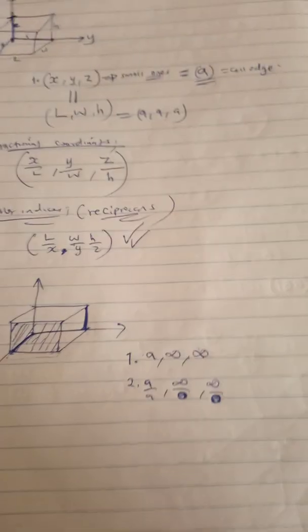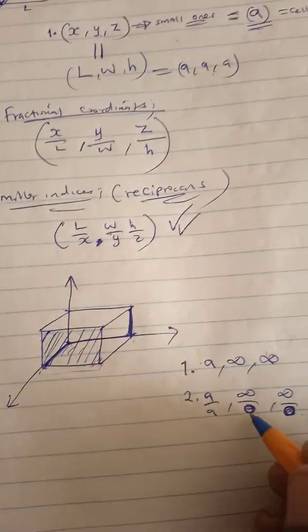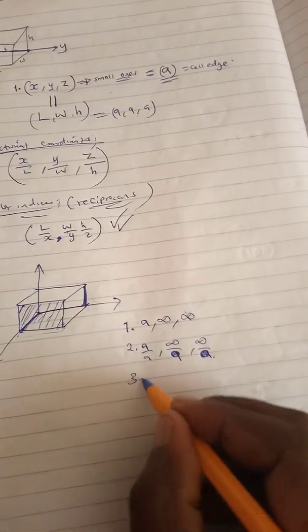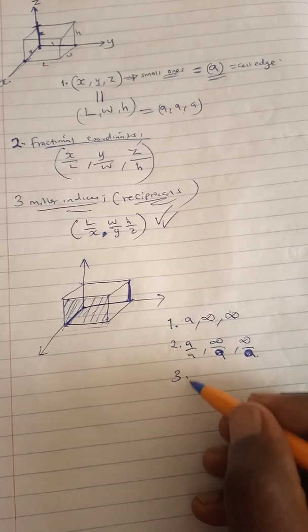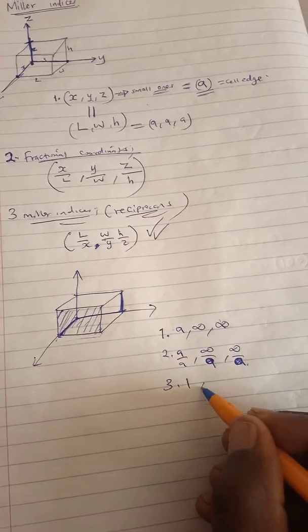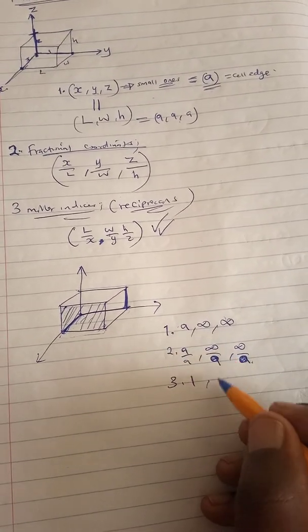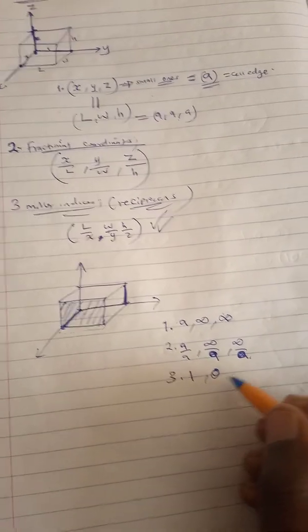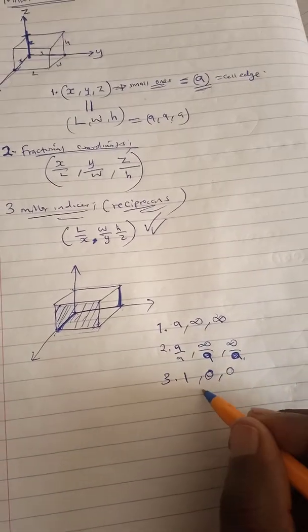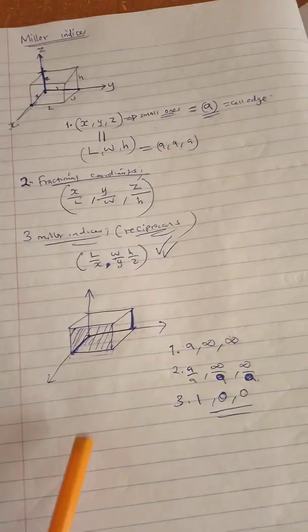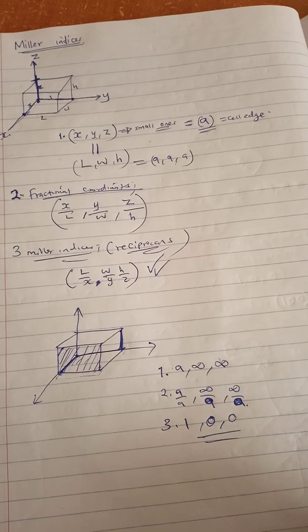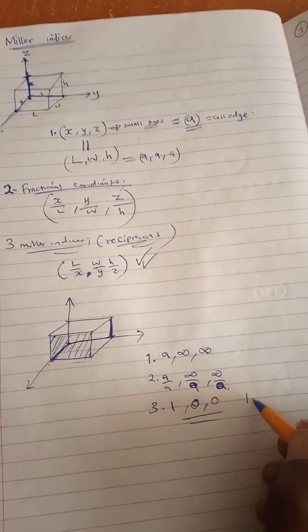Then the third thing is your reciprocal. The reciprocal of 1 over 1 is 1. The reciprocal of anything over infinity goes to almost zero. So for this, the Miller indices will be 1 0 0.